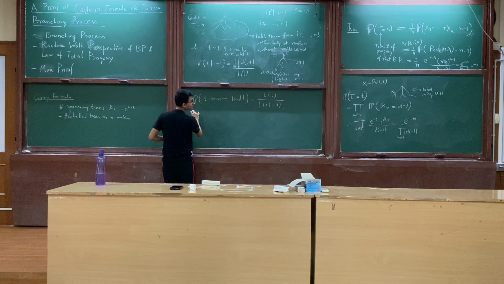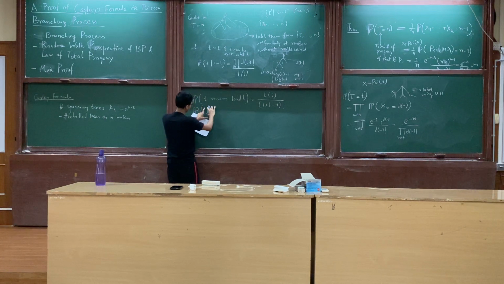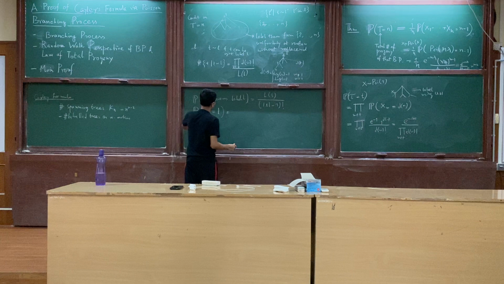Now let's compute this. L is a random variable on the labeling of trees on n vertices. Let's compute this probability.